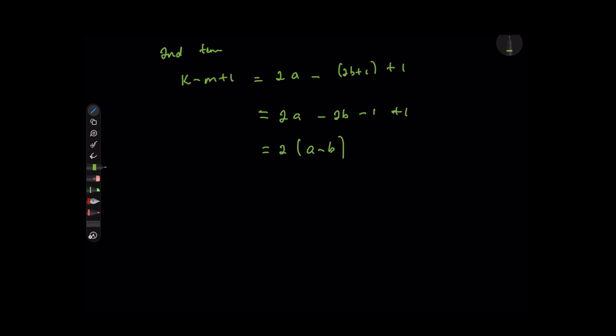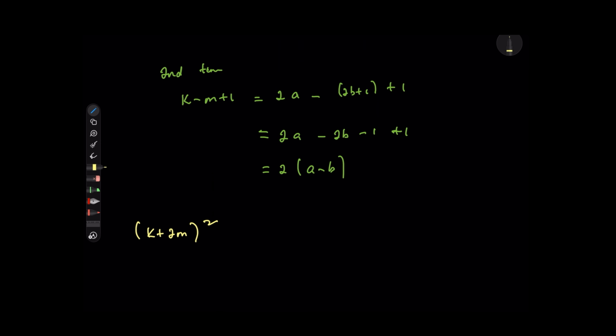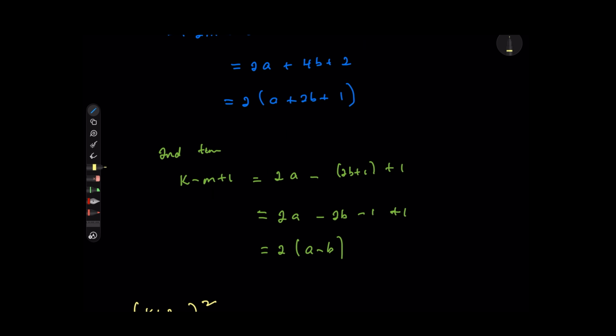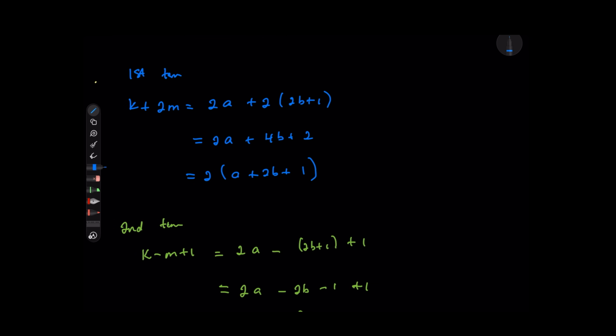Okay, now we're going to substitute everything back into the original question. So I'll have (k plus 2m) all squared. In fact, since I'm squaring, it might be beneficial to square this immediately here, so let's put some side working.